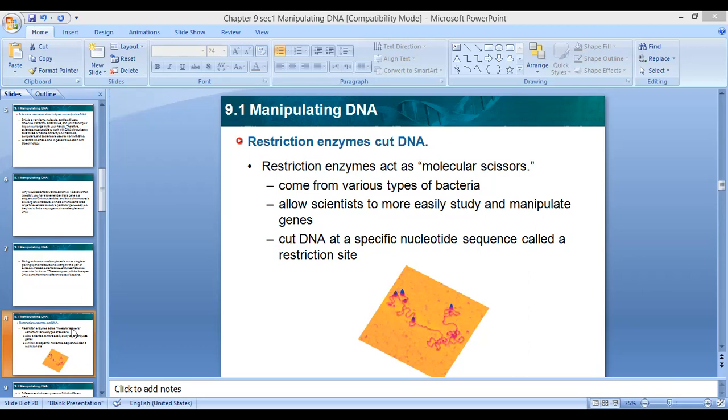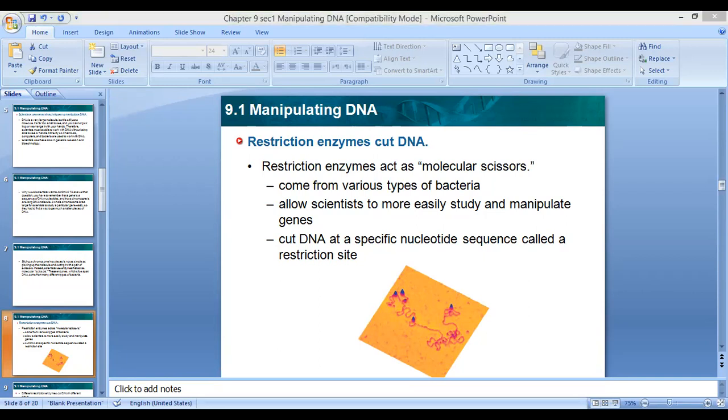Defending, right. Now, why did we name this a restriction enzyme? Why do you think we named it a restriction enzyme? Why are these called restriction enzymes? Yes, because they defend the bacteria.